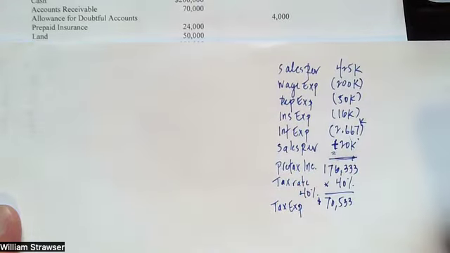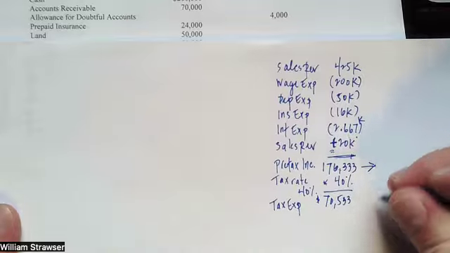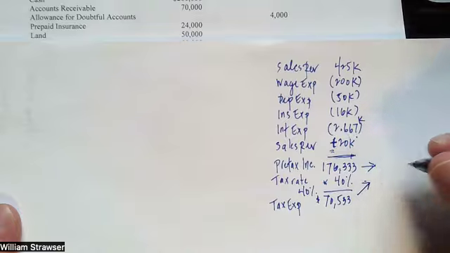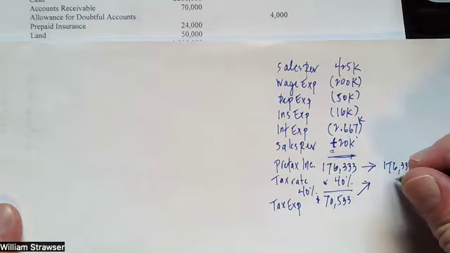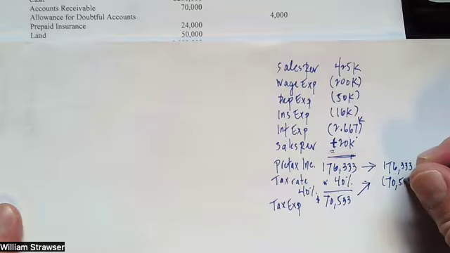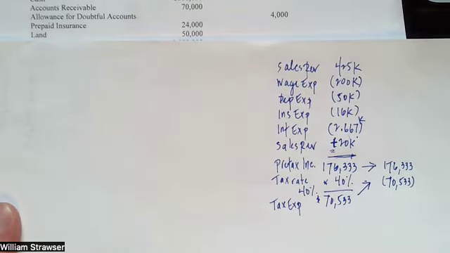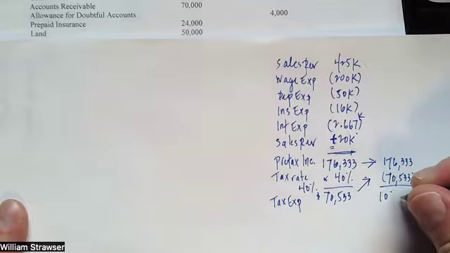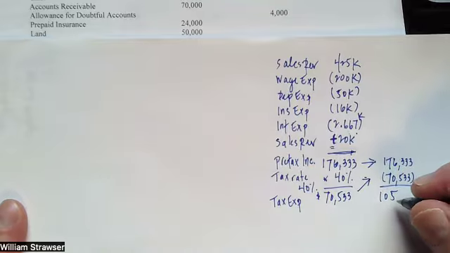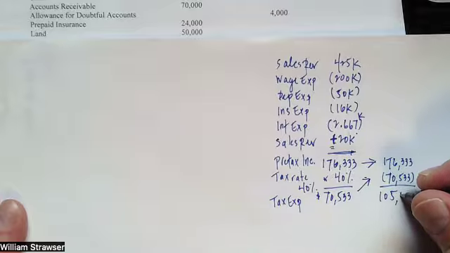Now you could take it one step further using the pre-tax amount and the tax expense. It wasn't asked here, but we will see it again on closing entries. If we subtract the $70,533, we have 105,800.